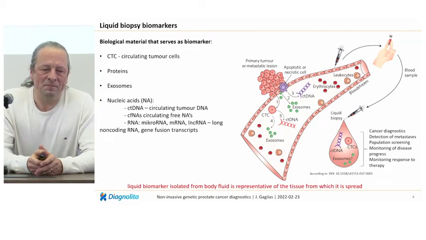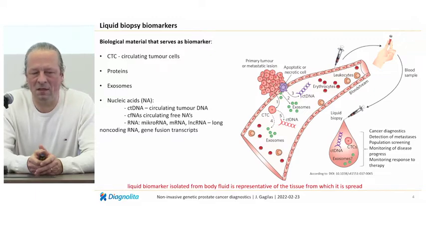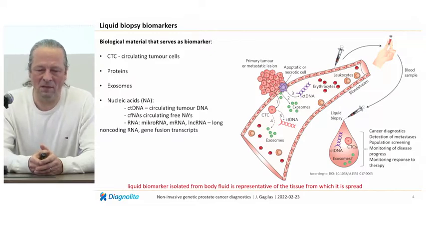Also, circulating nucleic acids, such as free DNA or different kinds of RNAs, microRNAs, mRNAs, long non-coding RNAs, can circulate in body fluids. If we analyze body fluids, we usually get these nucleic acids from exosomes, from cells, and from all the material.